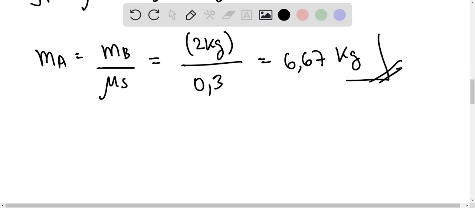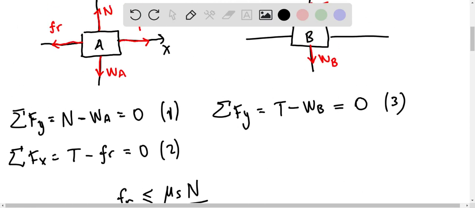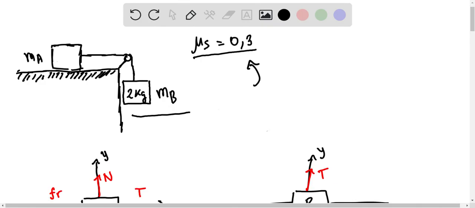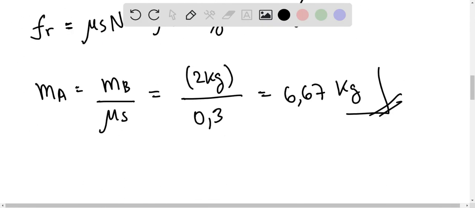So this is the minimum mass that the block A can have so that the system is not moving with that given value of the coefficient of static friction. So that's it for this problem.